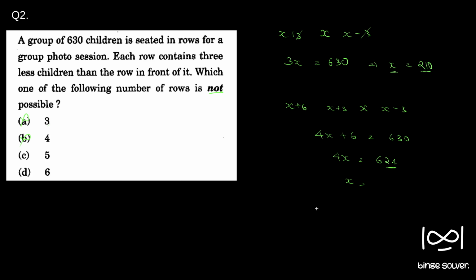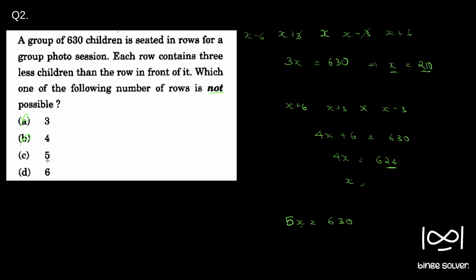And for 5, similarly, if you take x minus 6 and x plus 6 as the combination, if you add up, we will get 5x is equal to 630. So as you can clearly see, 630 is divisible by 5 and x is a whole number.